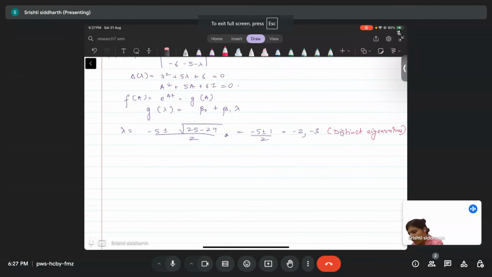Okay, so you have two eigenvalues. Let's substitute in g of lambda. So g of lambda 1 is beta 0 minus 2 beta 1. This is f of lambda 1, which is simply e to the power minus 2t. Similarly, we have g of lambda 2 equals beta 0 minus 3 beta 1.